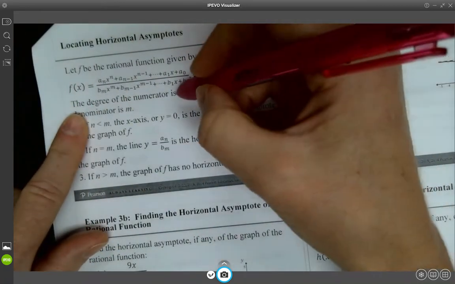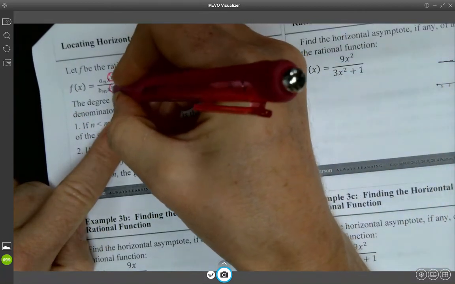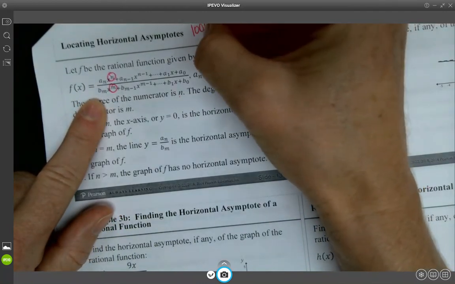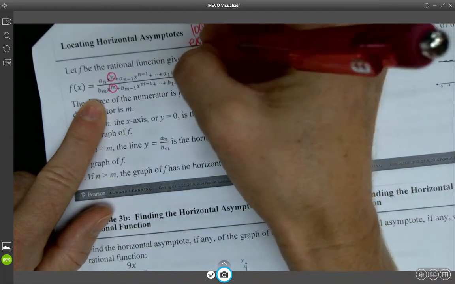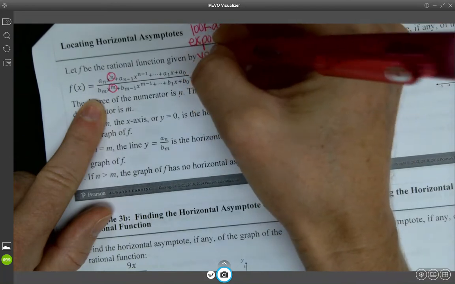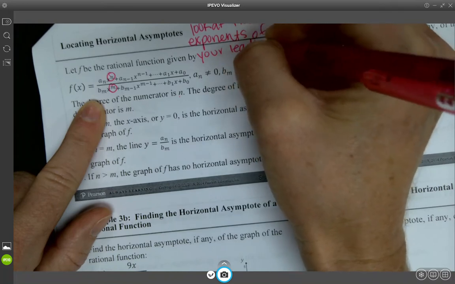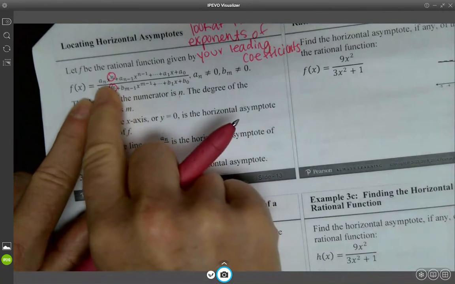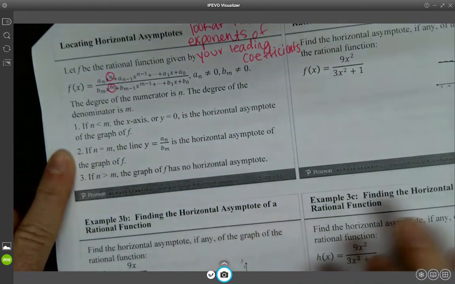The degree of the numerator is n, the degree of the denominator is m. A reminder: look at the exponents of your leading coefficients. They're going to have the highest exponents, and you're looking at those two.